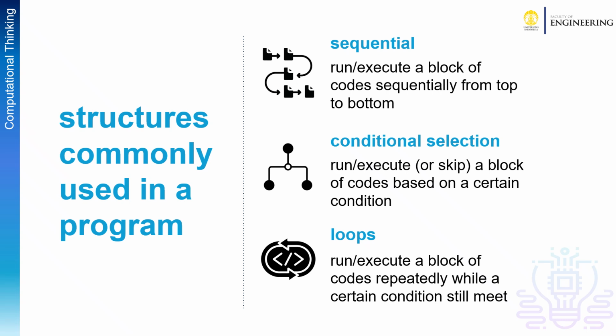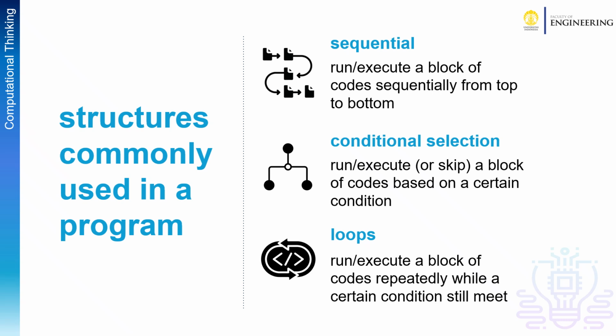There are three main structures that we can commonly find or use in a program that we develop with Python code. The first one is sequential, the second one is conditional selections, and the last one is loops. Sequential means that the set of code will be executed sequentially from the first line until the last line of the code. The second option is to use conditional selections. That means that several lines of code will be skipped if certain conditions are met.